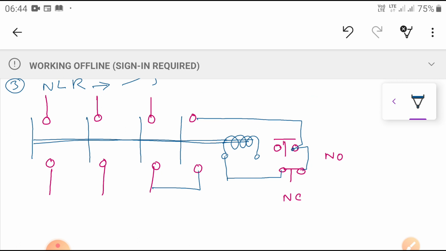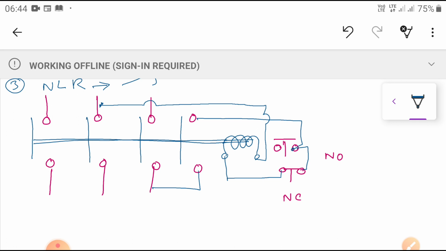Now, I am connecting. So here I can take this one, I can take this from this one. Here, what is happening? You can see it.